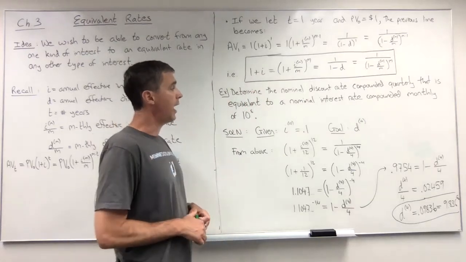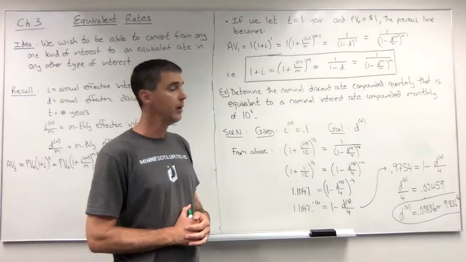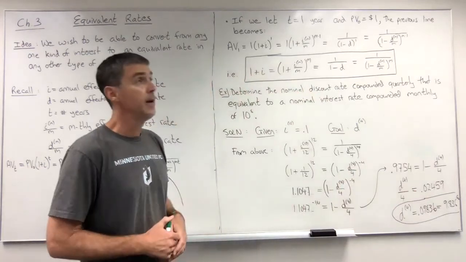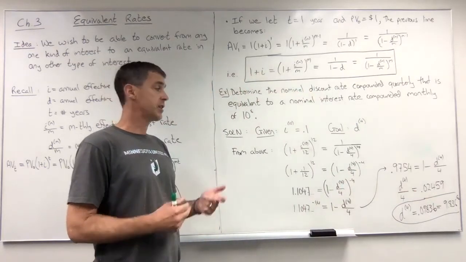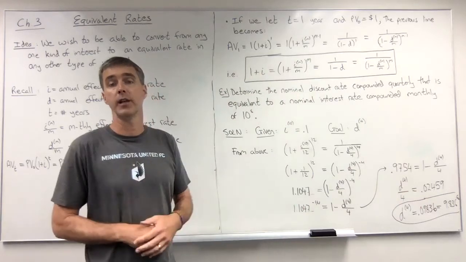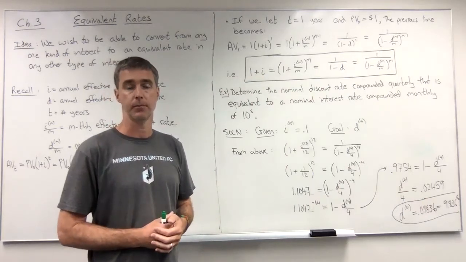So if you offer me 10% nominal interest convertible monthly or 9.836% nominal discount converted quarterly, I don't care which one you give me because they're both equivalent. They will do the exact same thing to my money.